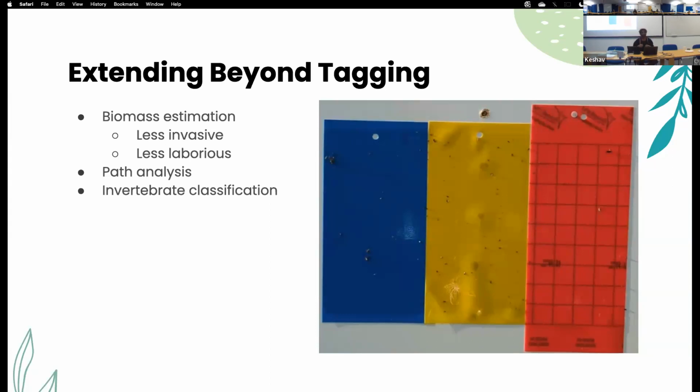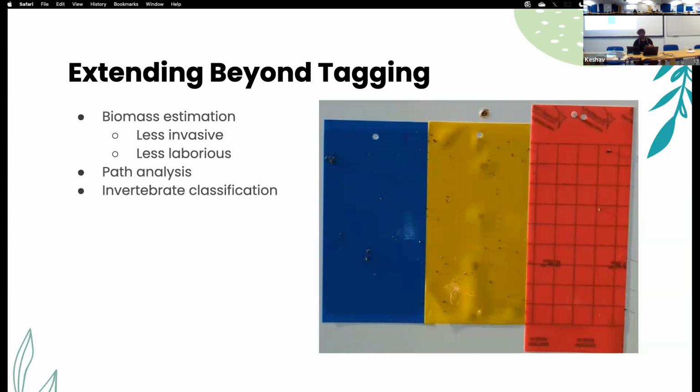For example, I, amongst others, am currently working on applying a similar pipeline to biomass estimation in order to replace more laborious and destructive catch and kill methods, such as shown with this image of sticky traps to the right, in order to give you more robust information about the biomass and biodiversity of a region without needing to substantially affect that population of insects.